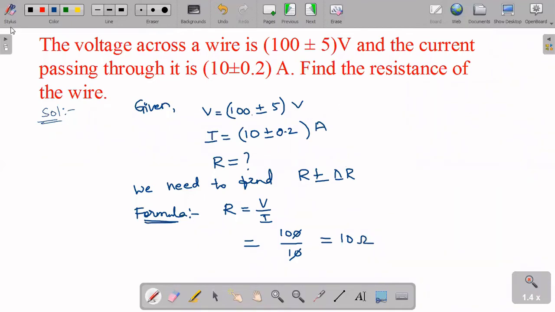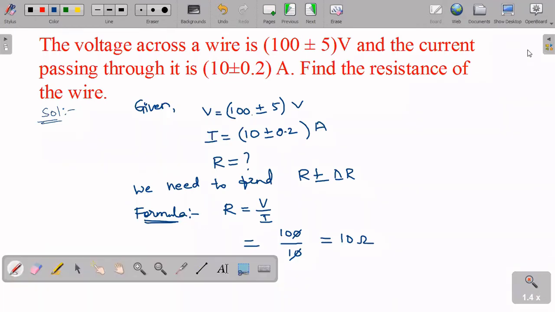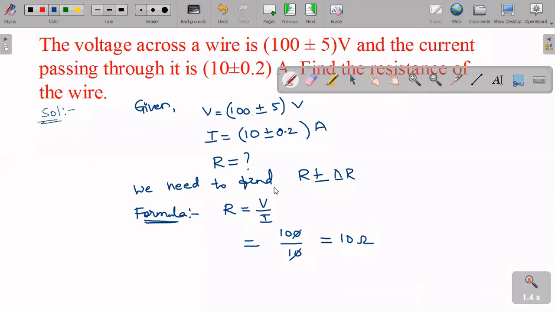Now delta R we have to find. For that, we take the relative error: delta R by R is equal to delta V by V plus delta I by I. From here we will find the delta R value; R will be multiplied to the other side.